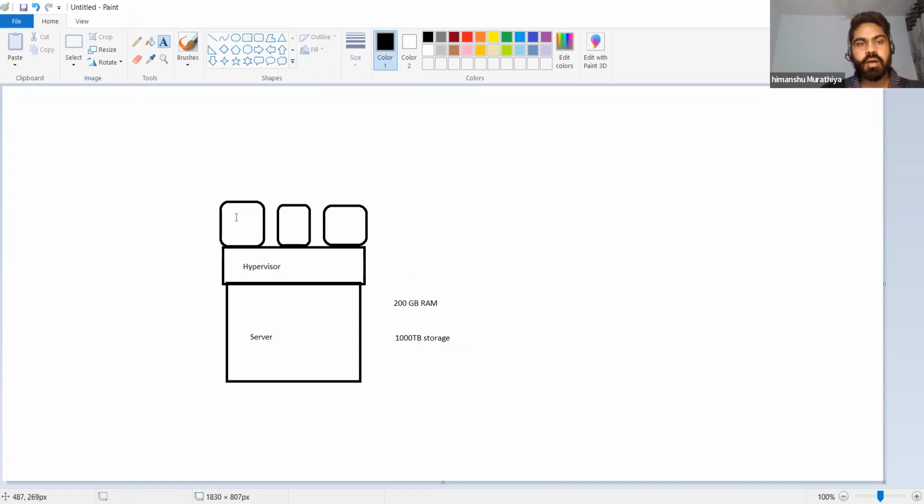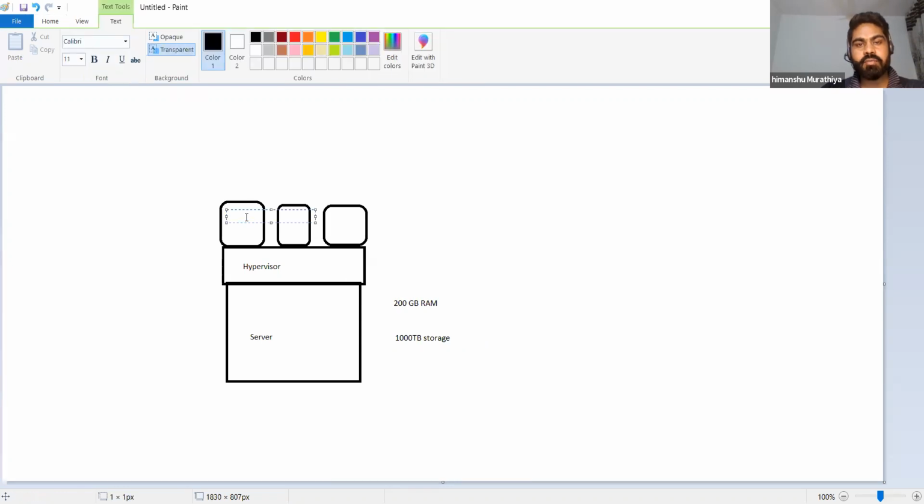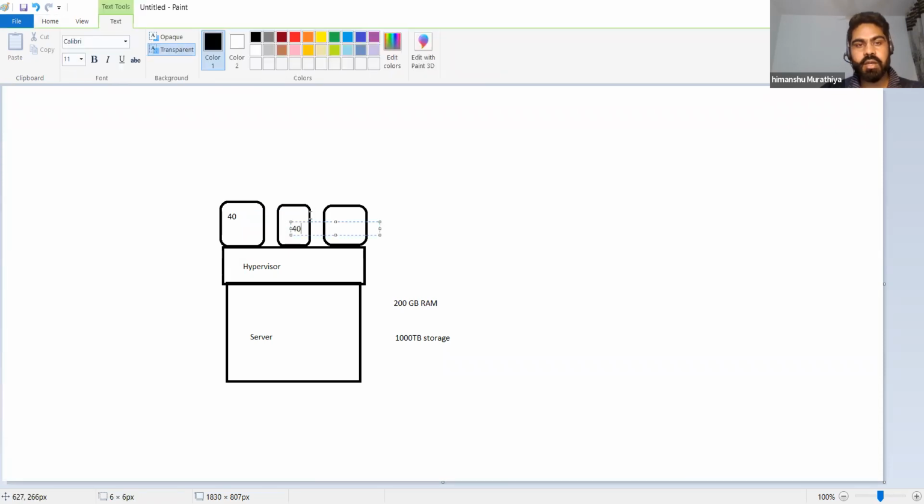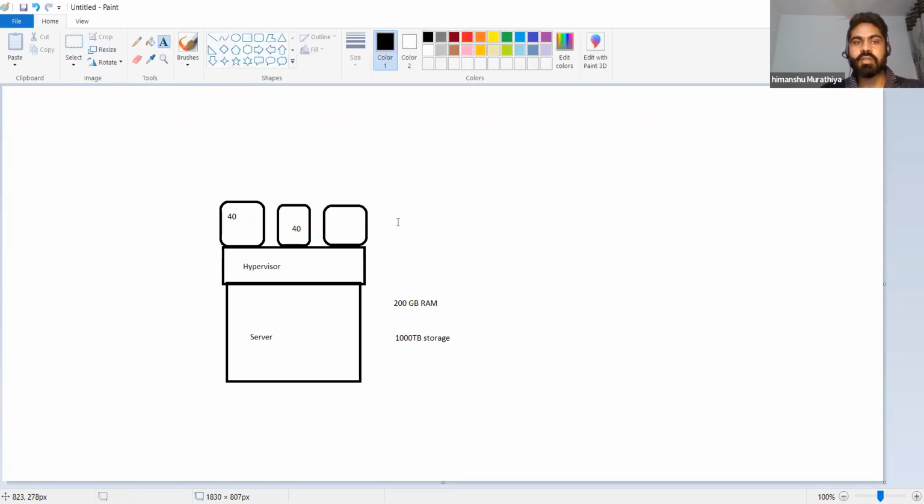Suppose I need 5 servers. I will give 40 GB of RAM and some storage to this server, 40 to this, and 40 to this, like this. So we can create more than one server with the help of a hypervisor. Is it clear?